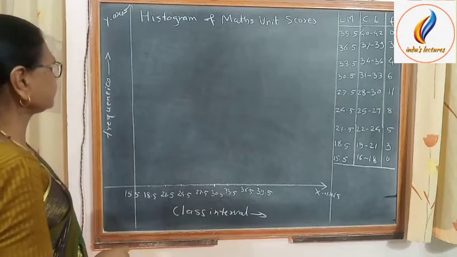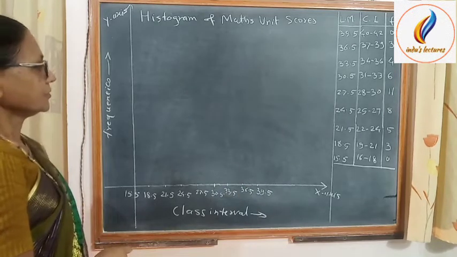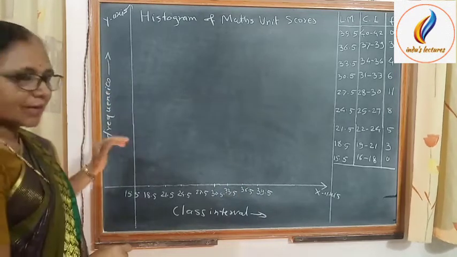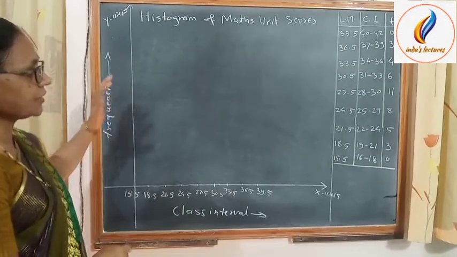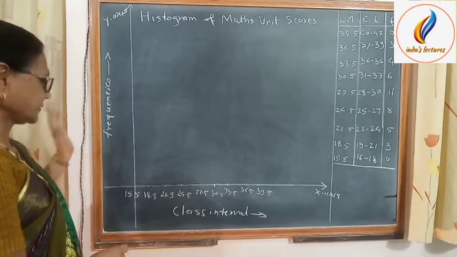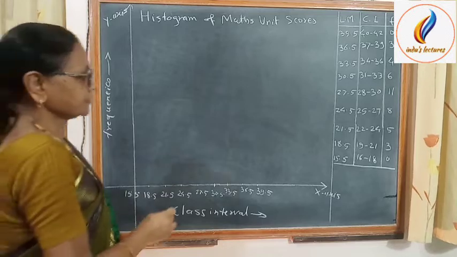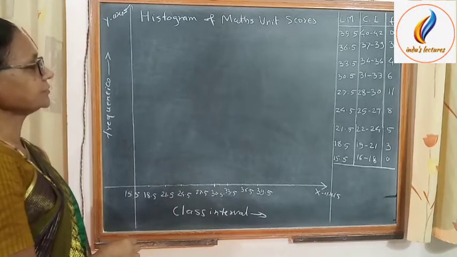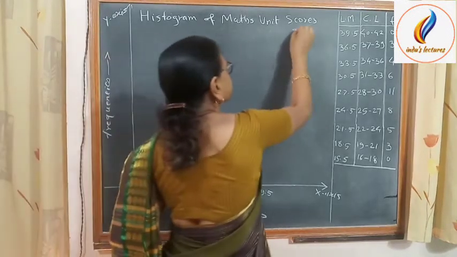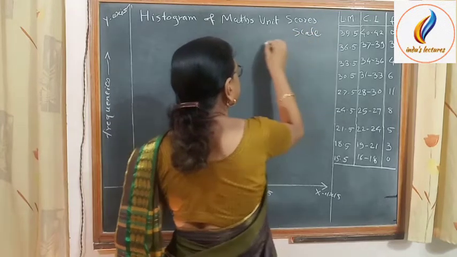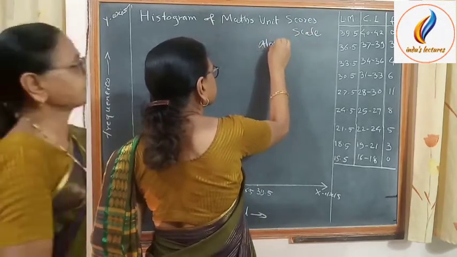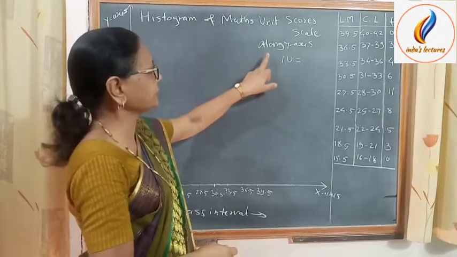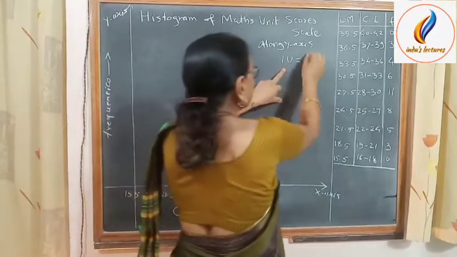Now take or mark the frequencies along the y-axis. For this we have to take the scale. The scale along the y-axis is 1 unit equal to 1 frequency point.